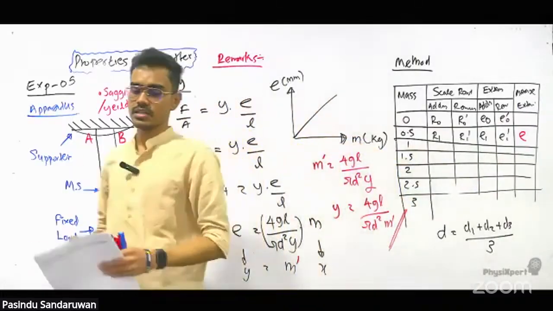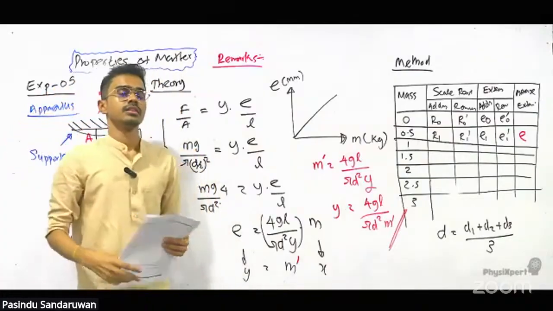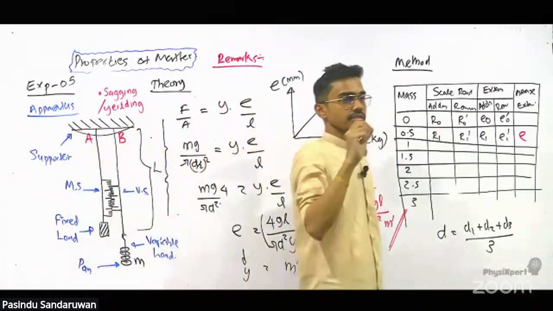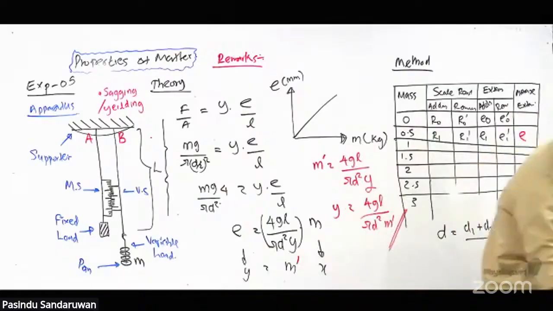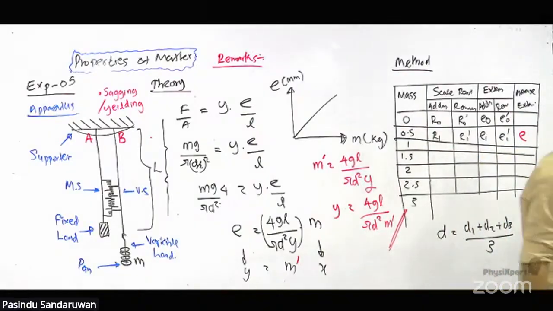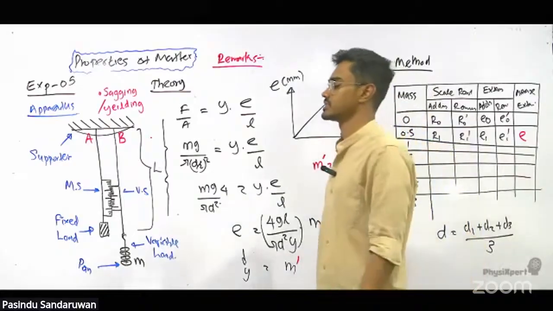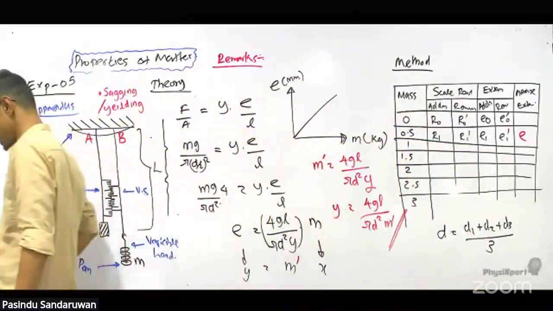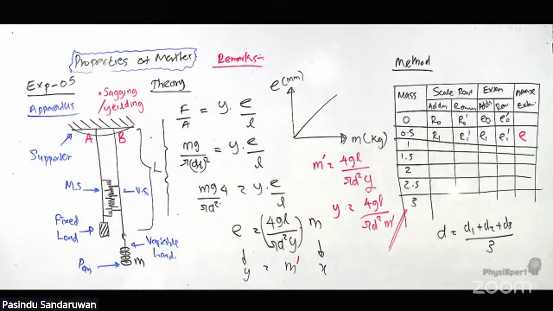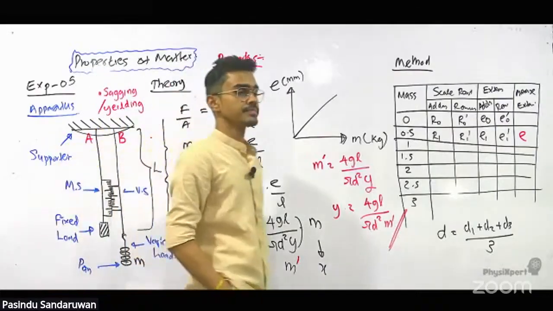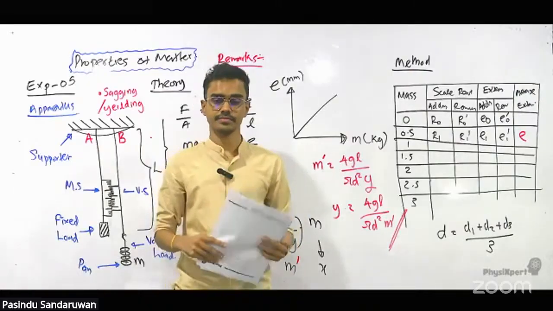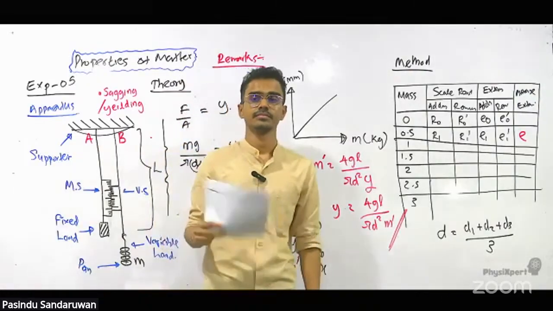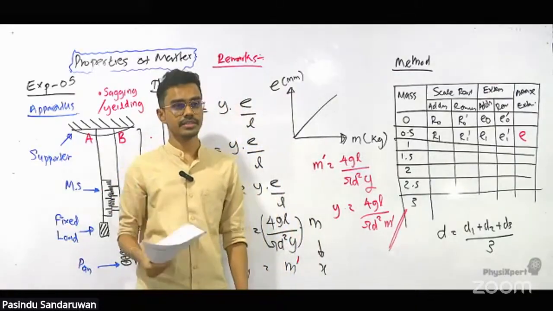Next point. If the wire does not return back to its initial length after removing all weights, the elastic limit is exceeded.